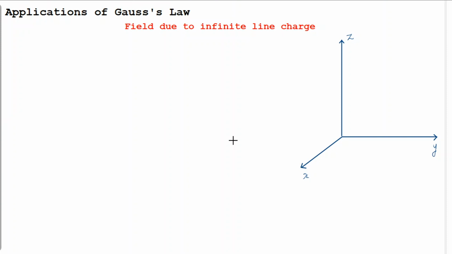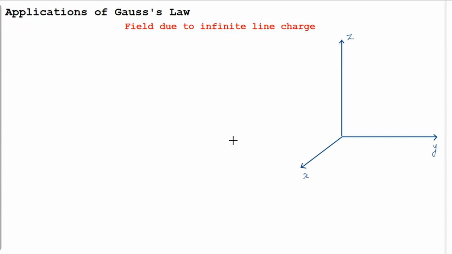Now we are going to check whether we can apply Gauss's law to find the electric field due to an infinite line charge, and whether the equation we obtain agrees with what we already know.